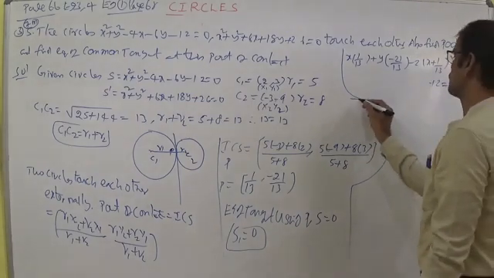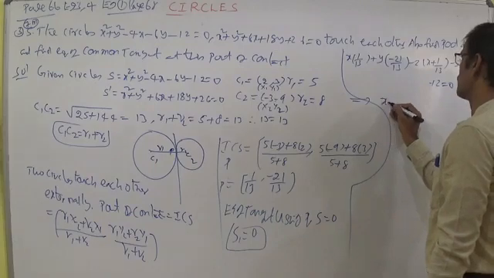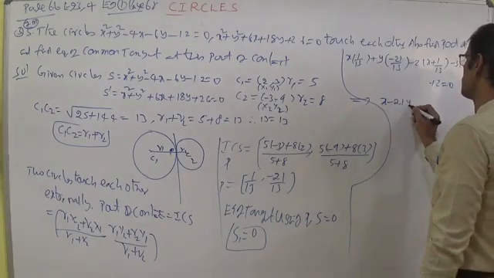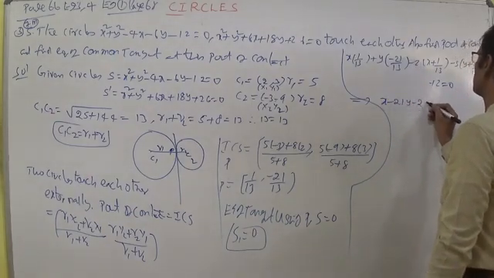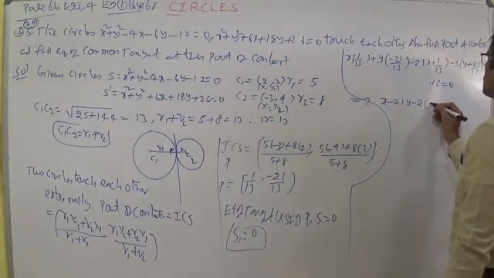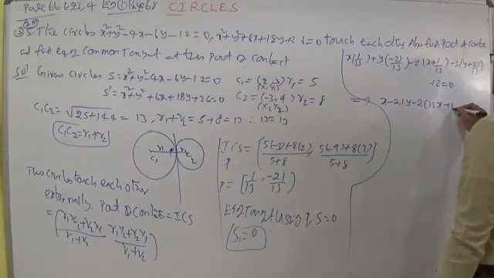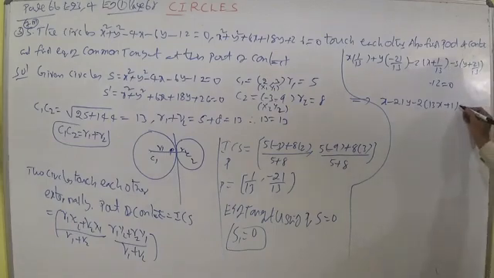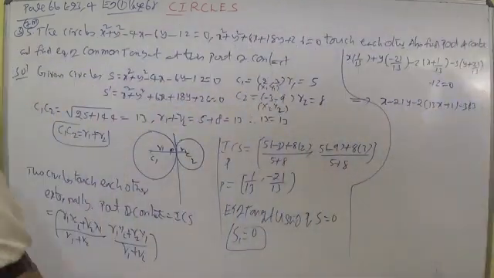That implies we can take LCM as here: x minus 21y, minus 2 into 13x plus 1, minus 3 into 13y plus 21.